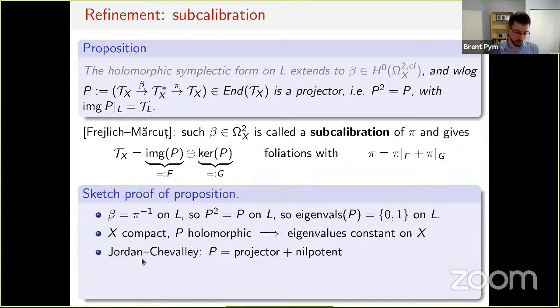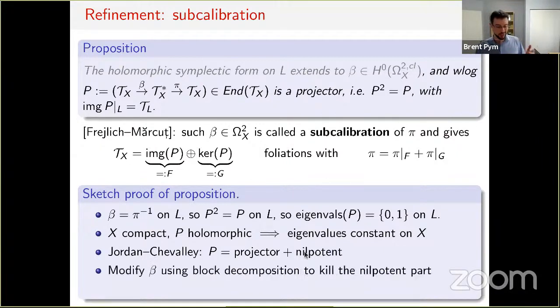And then if you look at the Jordan-Chevalley decomposition of such an operator, it must decompose as a sum of a projector and some nilpotent operator. And then some linear algebra will allow you to conjugate in a certain way to remove the nilpotent part.